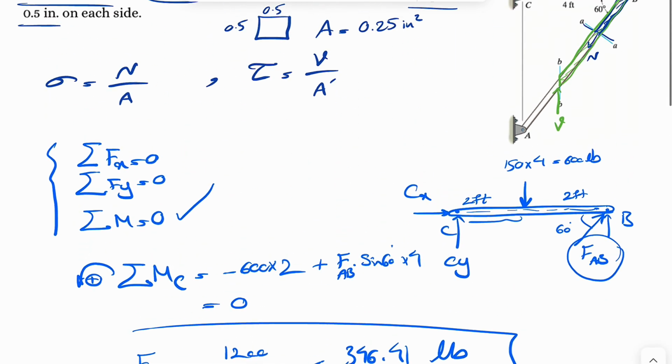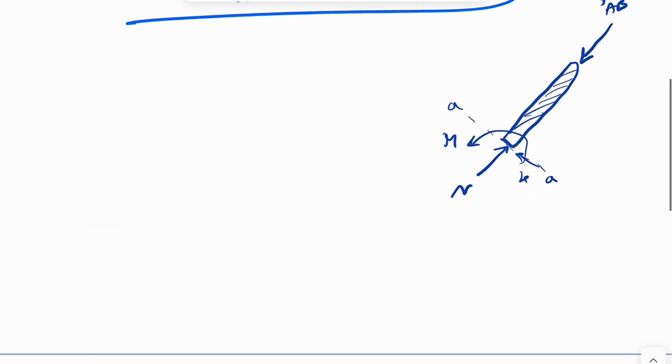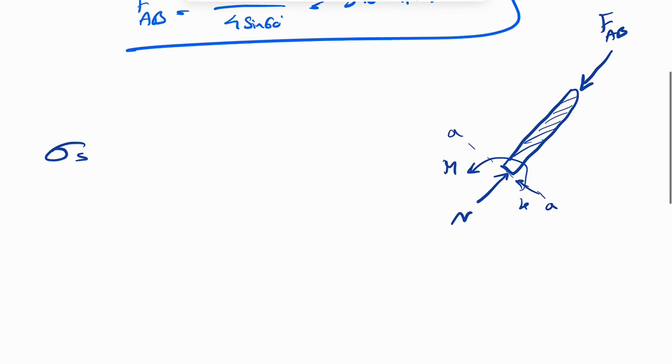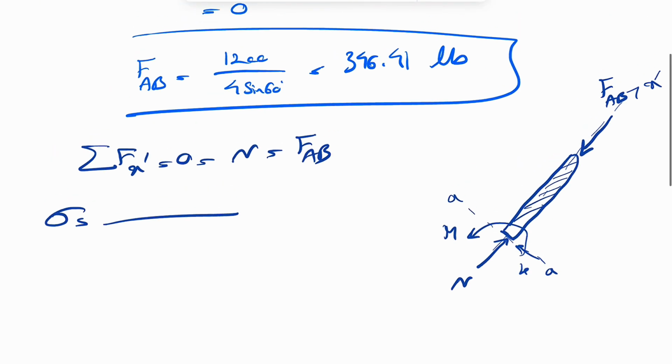interested in. We're looking for the stress, so all we need is just N, which if we do sum of all forces in this direction, we can call this direction maybe x prime. So if we do sum of all forces in x prime equals 0, we can conclude that N is equal to FAB. All right, so FAB we figured is 346.41 over the area, which was 0.25 inches squared.